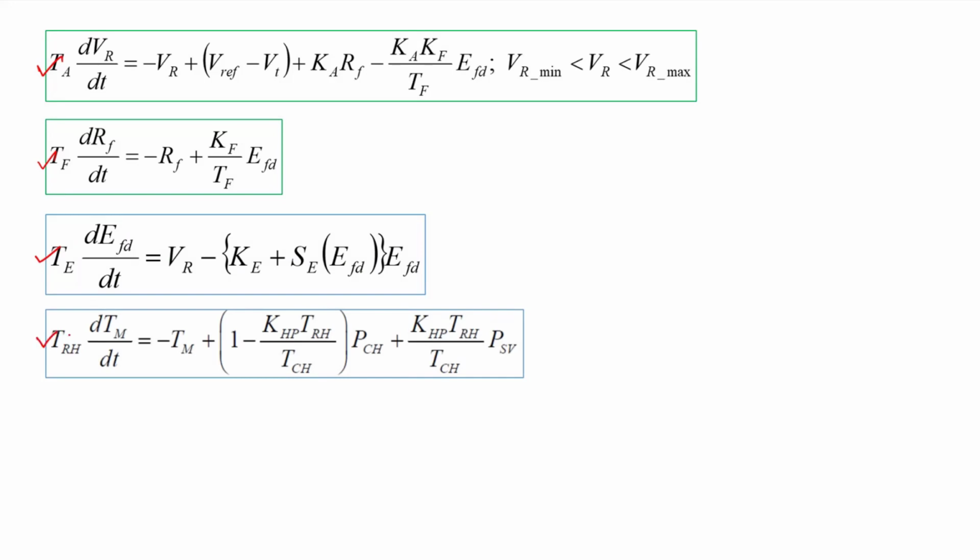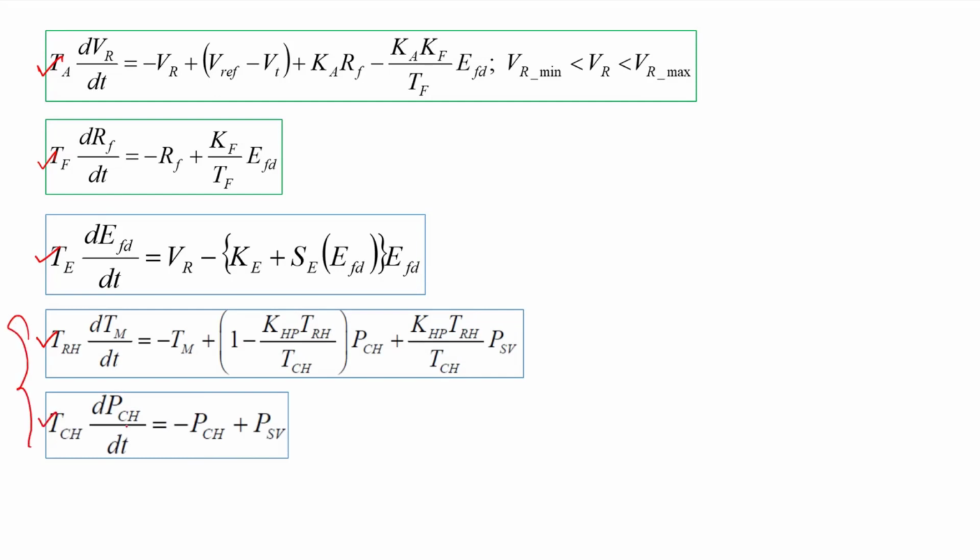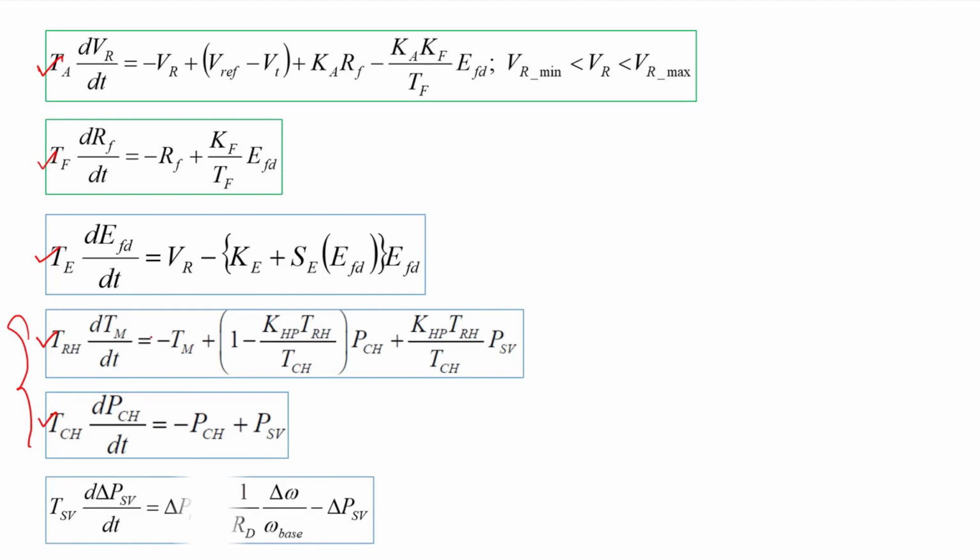This is your turbine equation, and this is also associated with the turbine chest equation. Then this is associated with the governor dynamics. So these three equations represent your turbine dynamics along with the governor, and these three equations represent your exciter equations. Already you have studied this.